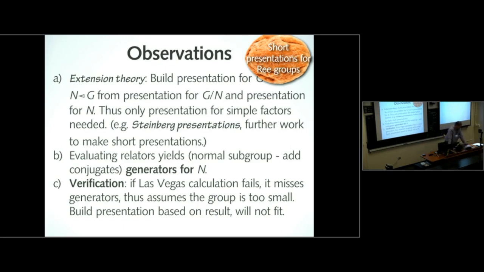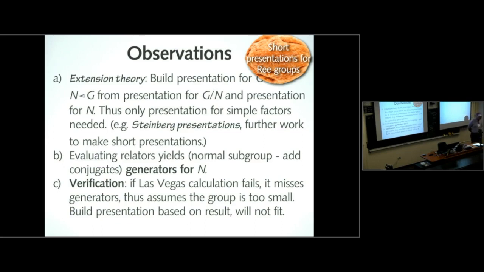When you say that you know the presentation, but you haven't proved it, has it been checked for small examples? Yes. So the question is, what do I mean by I know the presentation? These groups exist over fields in characteristic 3. Exist over fields means they have a natural way to write them as matrix groups, and from the way they are constructed they relate to fields in characteristic 3 where the exponent is odd.